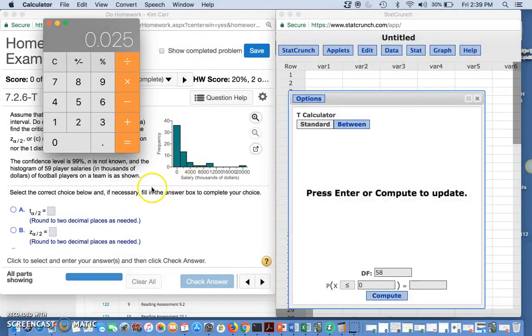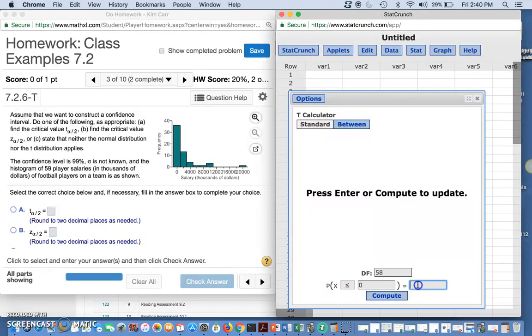If the confidence level is 99%, we would say 1 minus 0.99, and that gives us alpha. But we want alpha divided by 2, so we divide that by 2, and we get 0.005. Okay, that's what's going to go out here, the 0.005, and we compute.